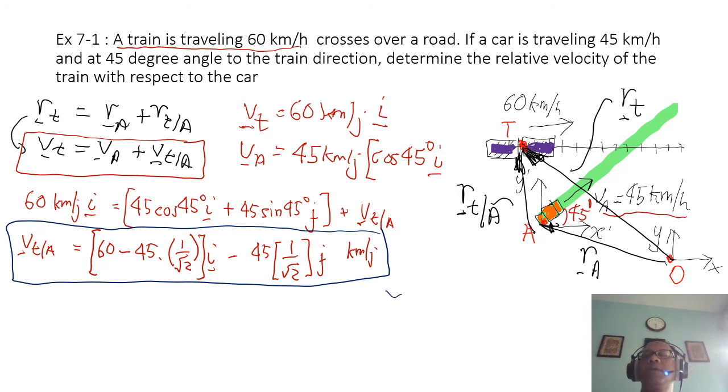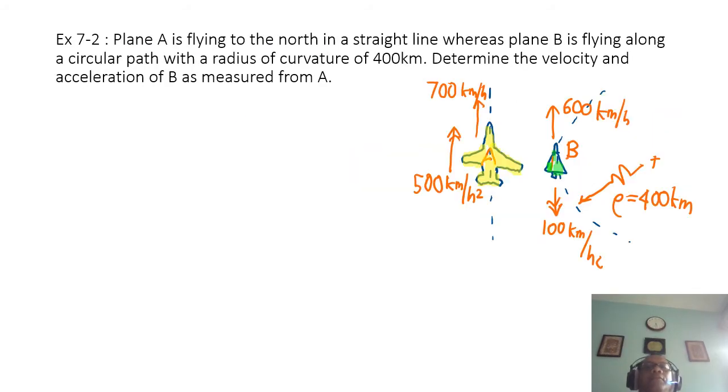So next one. This is an example where we have a plane A flying to the north in a straight line at a speed of 700 km per hour and also increasing at 500 km per hour squared.